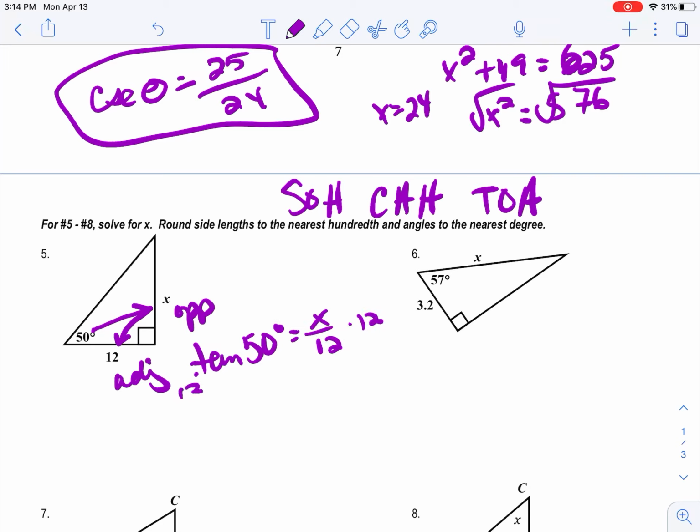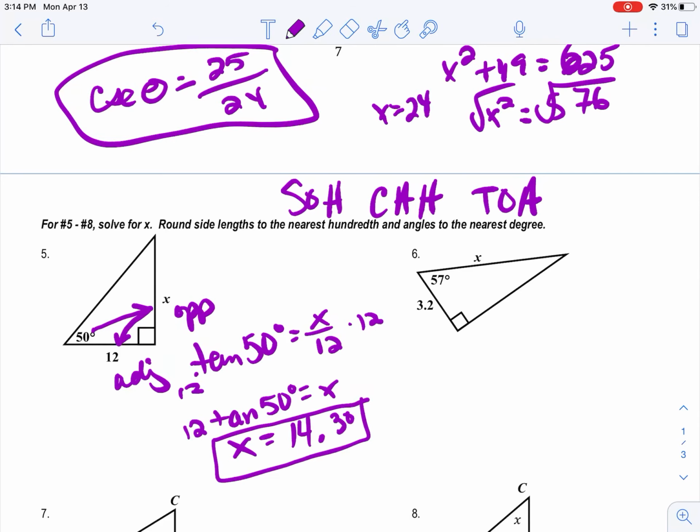To get x by itself, I'm going to multiply by 12 on both sides. So in my calculator, I want to do 12 tangent of 50 degrees. So x equals, we're solving for a side, so I need 2 decimal places. So I have 12 times the tangent of 50. So I have 14.30 in my calculator.